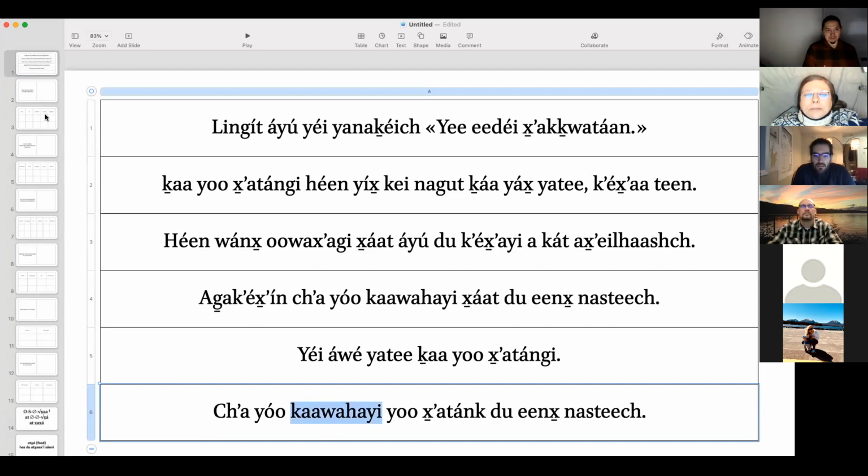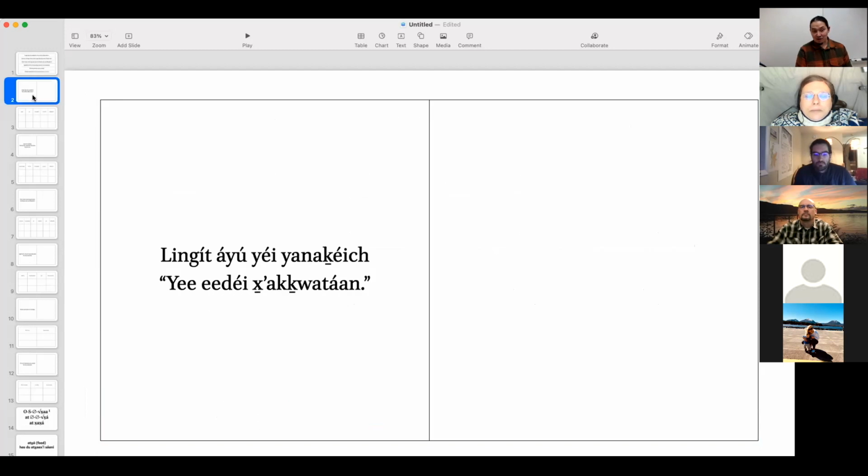Okay, I'll fix that in the later one. So hold on. So let's go line by line and just tell me things that you see, and we will look up the other things. So one way to do work like this is just to put a sentence on one side and have a blank on the other side. Can someone read this sentence for me?